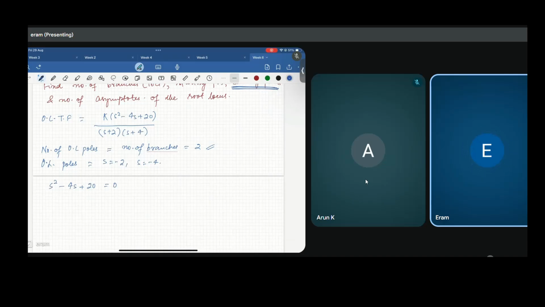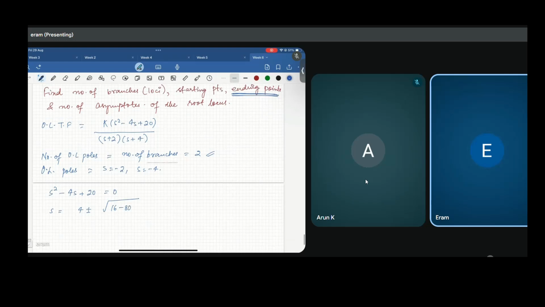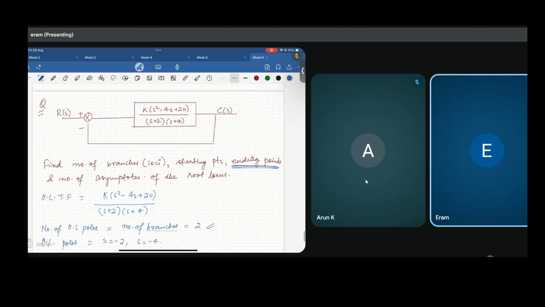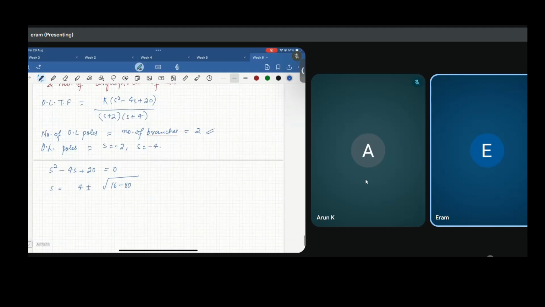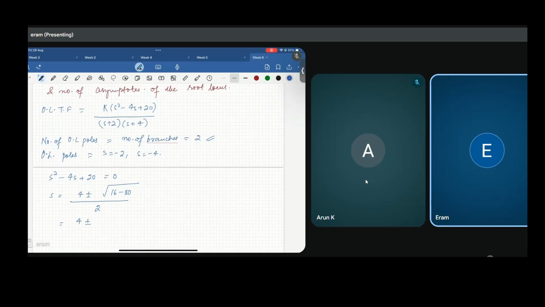If we solve it, s equals 4 plus minus root of 16 minus 80, divided by 2, which gives 2 plus minus 4j.